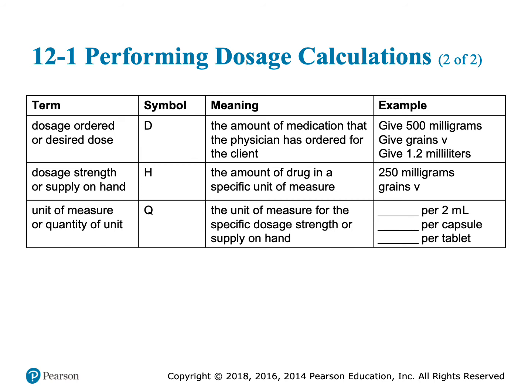And the unit of measure, or quantity of unit, is Q. And this is the unit of measure for the specific dosage strength or supply on hand. So 250 milligrams per 2 mLs, or 30 milligrams per capsule, 25 milligrams per tablet, so on and so forth.